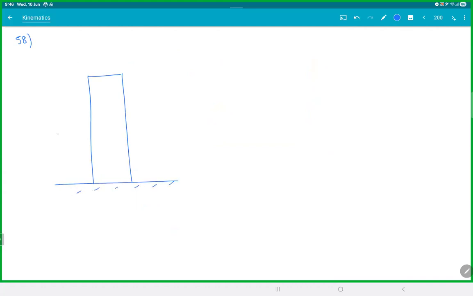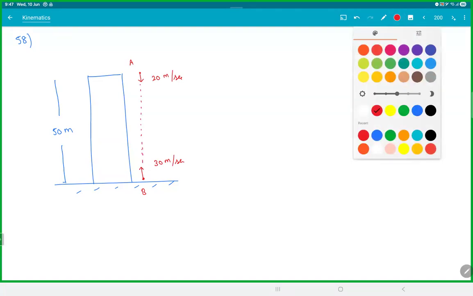Let's say we have a building here. The height of the building is 50 meters. We have two particles. A is projected down with 20 meters per second. Another particle B is projected up with 30 meters per second along the same line. Gravity is g.